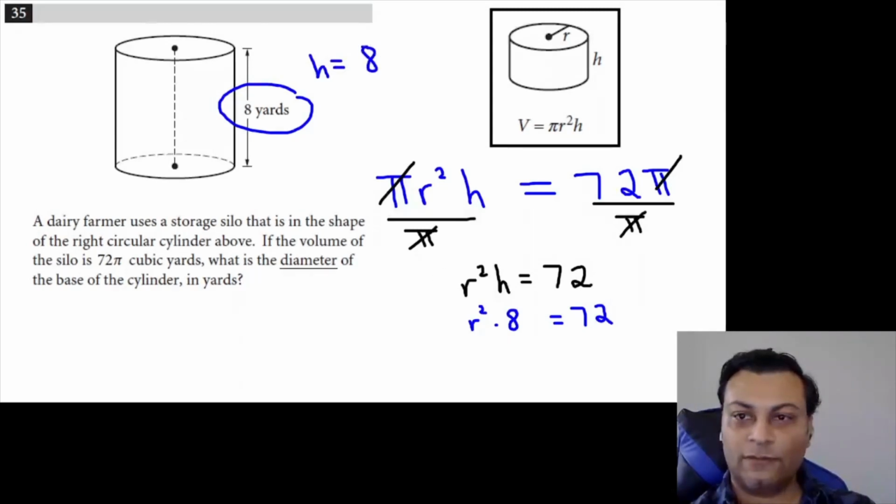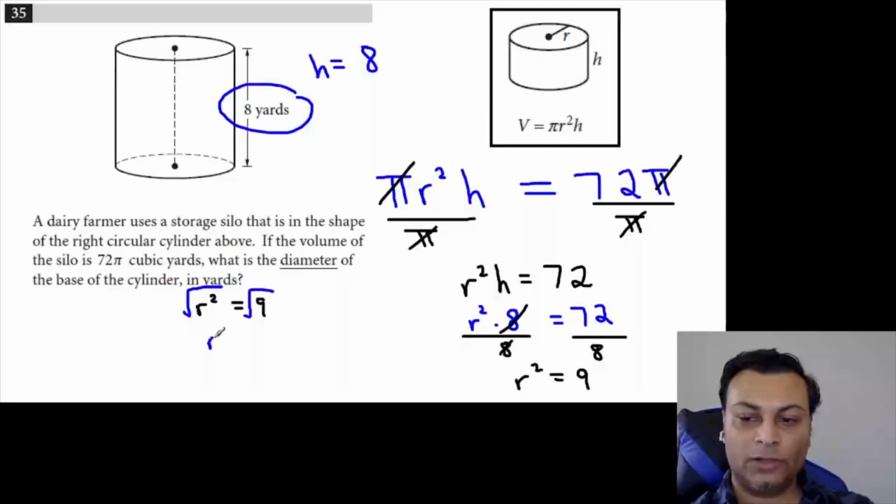Okay. From here we divide by 8. And you get r squared equals 72 divided by 8, which is 9. Now, let me write that over here. r squared equals 9. To solve for r, you would square root both sides. r equals, always use the calculator.